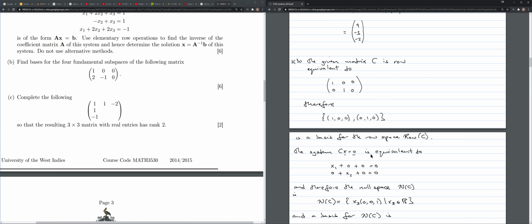If you want to get a basis for the null space, what you do is form the system associated to this. Let me show an example of this. So form the system associated to this, and then get the augmented matrix for that system.